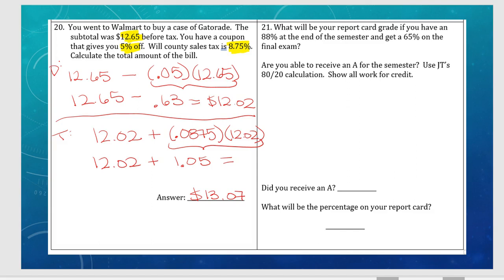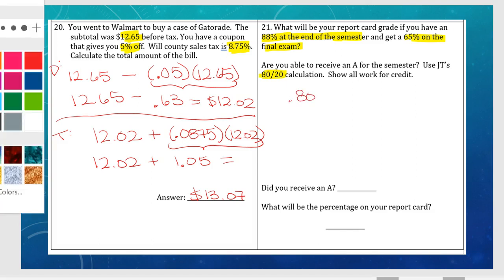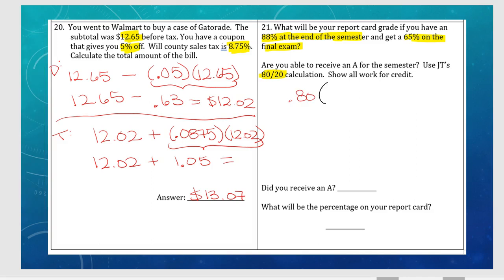Our last question is a weighted grade problem. What will your report card grade be if you have an 88% at the end of the semester and 65% was your final exam score? We're going to use JTHS's 80-20 breakdown. So 80% of our grade is made up of the work we do between August and December, and it looks like we got 88% on that.